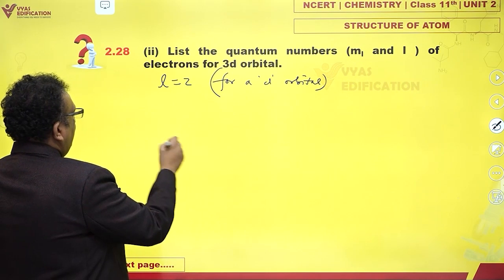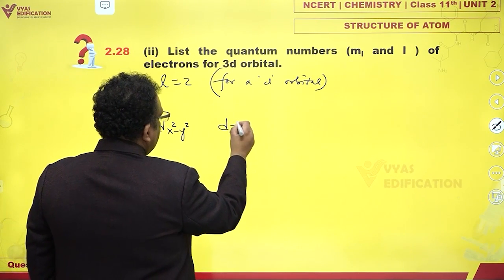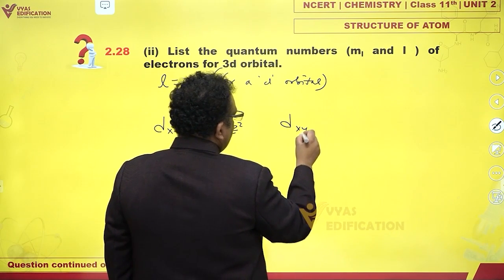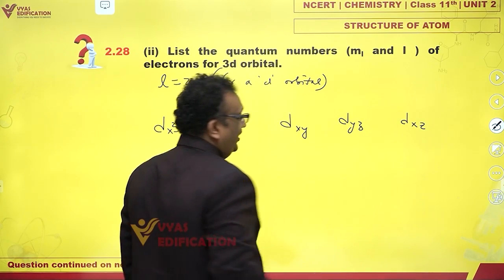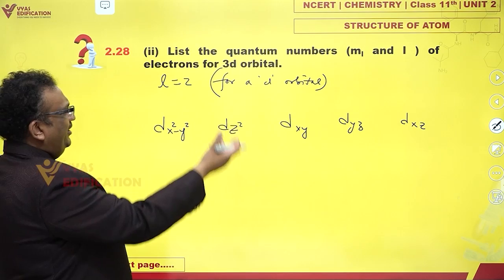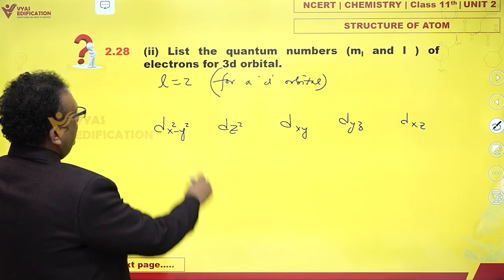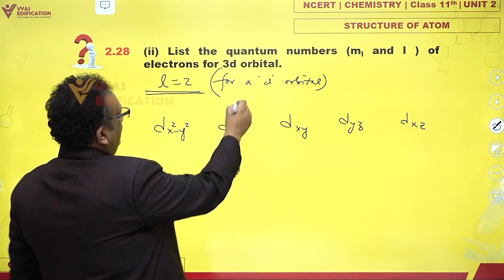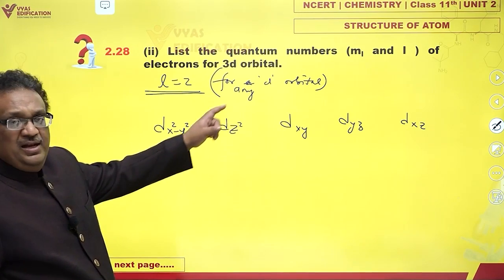We have d x square minus y square, dz square, dxy, dyz, and dxz. There are 5 different d orbitals. 3D, 4D, whatever, there are 5 types. And L is always 2 for any d orbital.